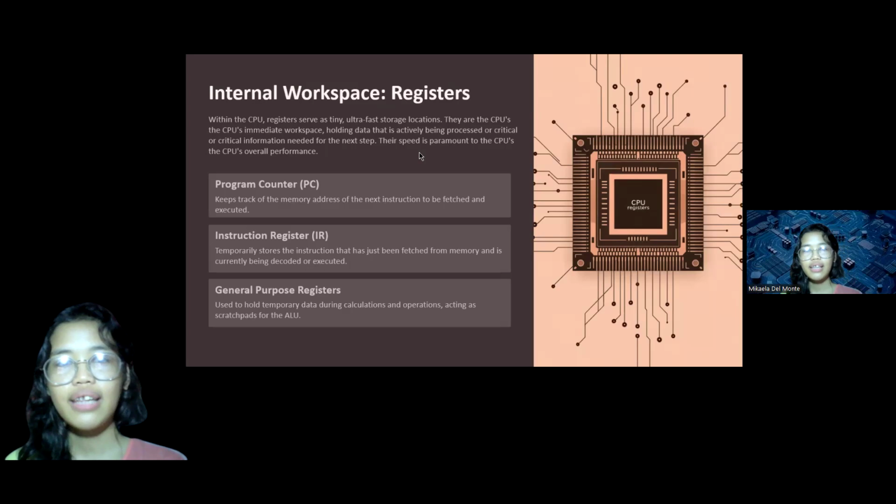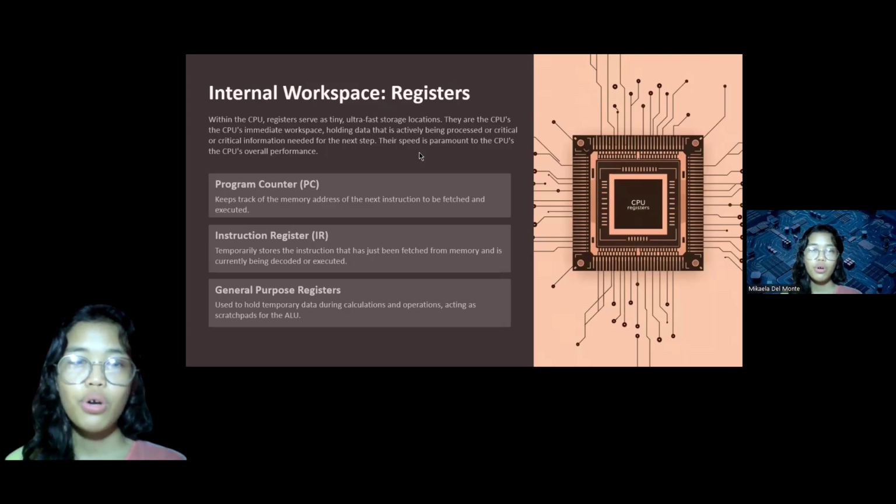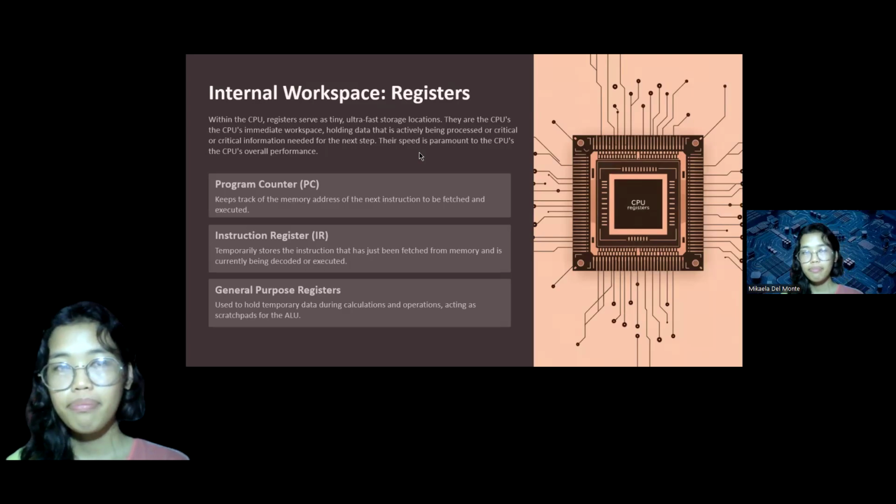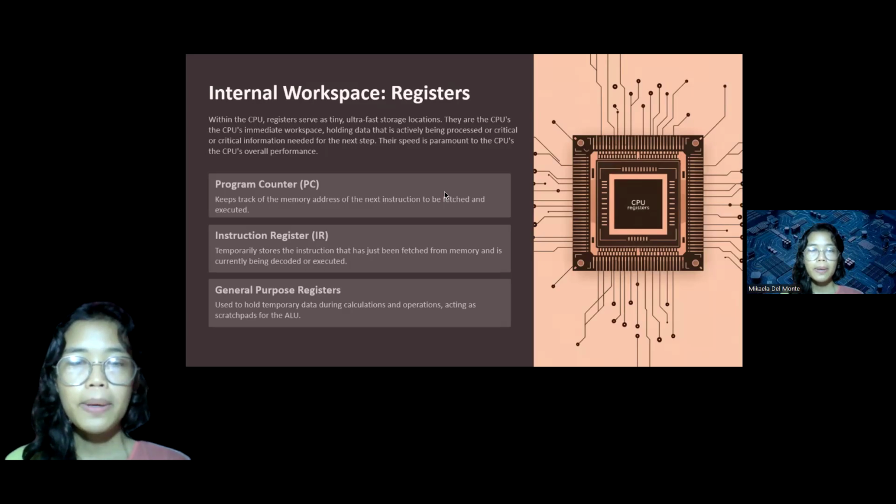They hold data that is actively being processed or critical information needed for the next step. The speed is paramount to the CPU's overall performance. There are three types of components inside the registers.